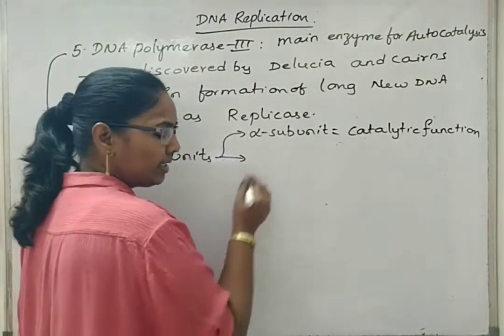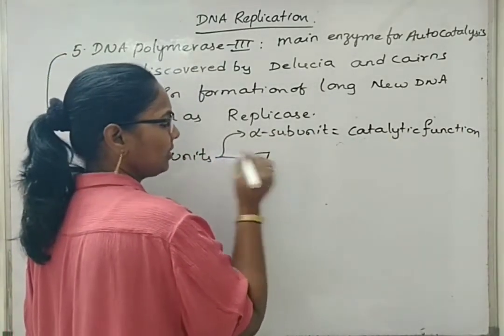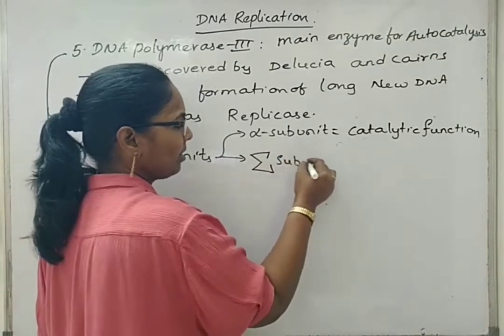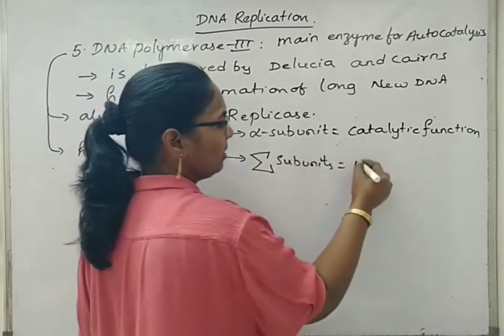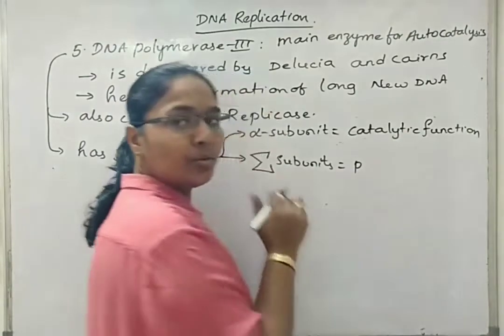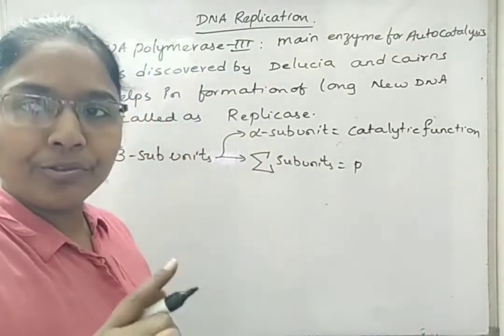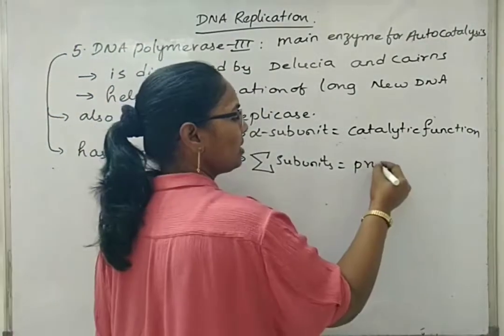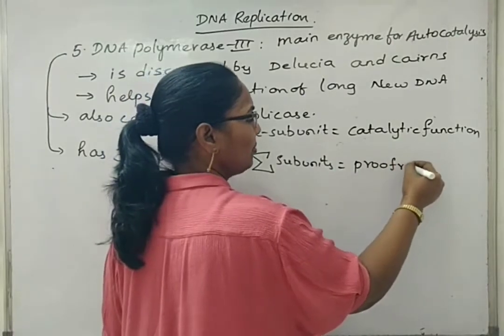Second subunit is epsilon subunit. It helps in proofreading. Already we have seen DNA polymerase 1 also is involved in proofreading of the new DNA strand. So this is another type of enzyme, proofreading.